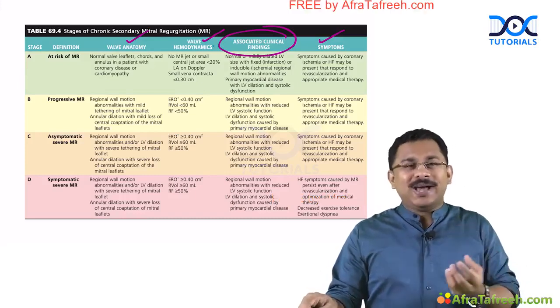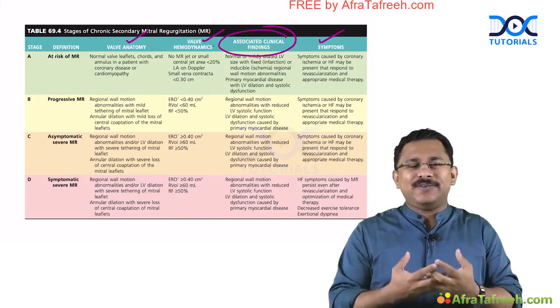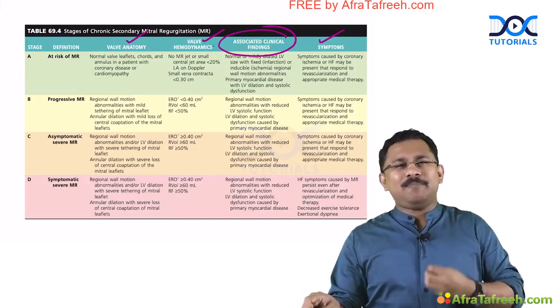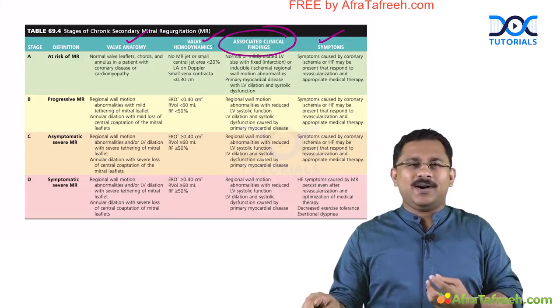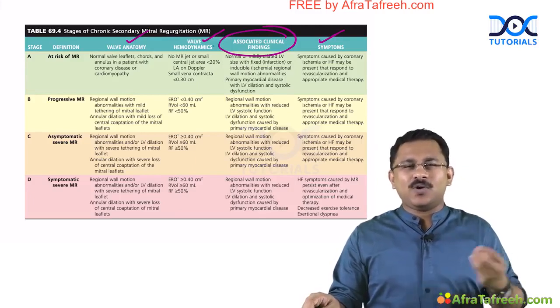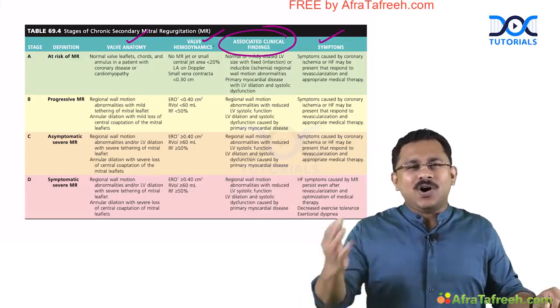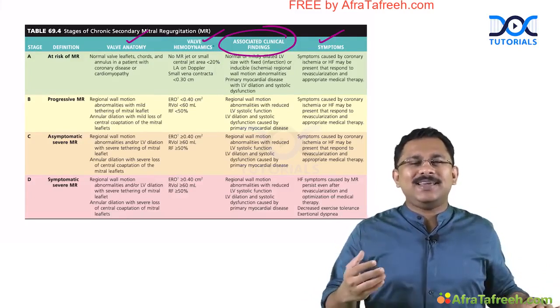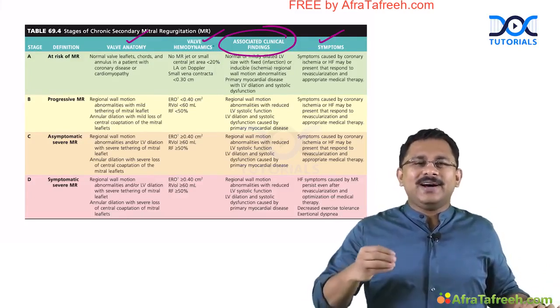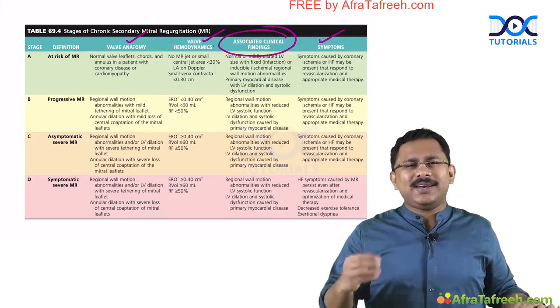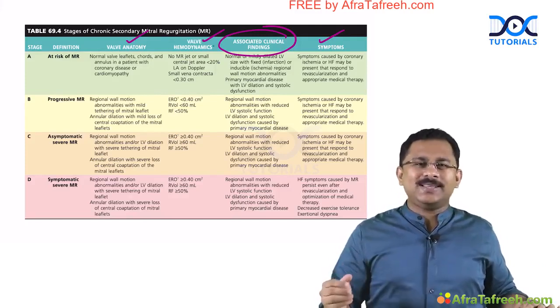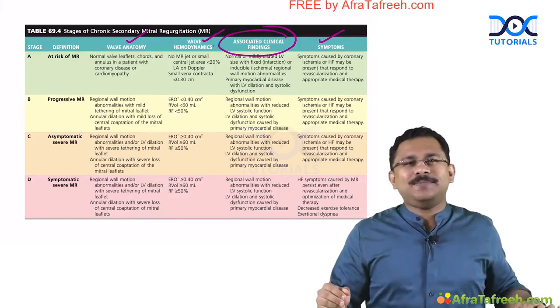So you may also have to rely on non-invasive imaging. At times, maybe the PET scan or a cardiac MRI or a stress echo or a coronary CT angiography. So all this will help you to establish the etiology of the secondary mitral regurgitation, and also obviously to assess the myocardial viability. Okay.